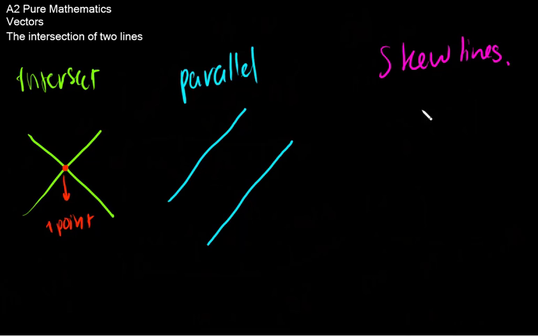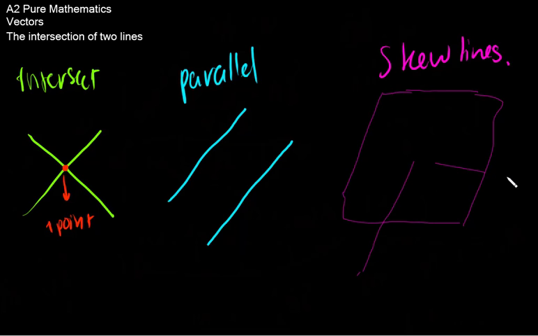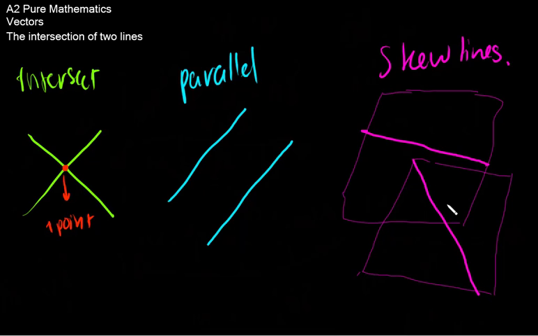So imagine thinking in 3 dimensions, we might have a plane right here, and you might have another one down below it. The skew line is the situation where we may have one line here, and another line down there in another plane.